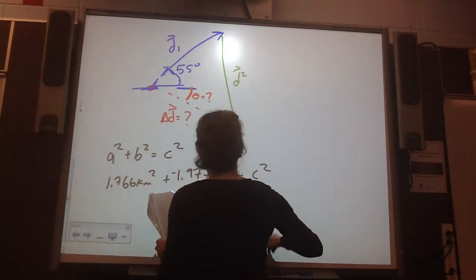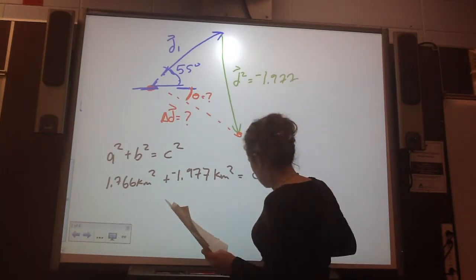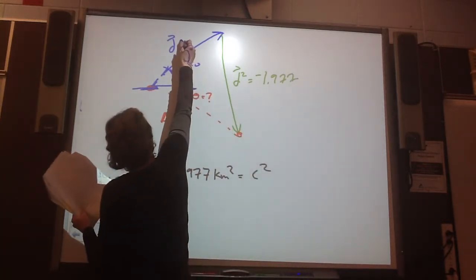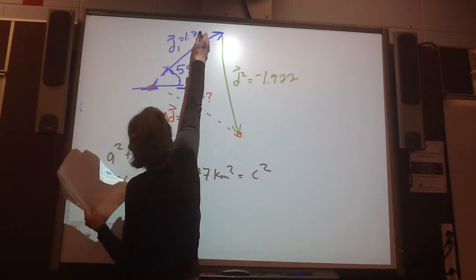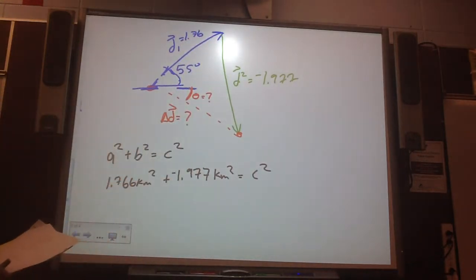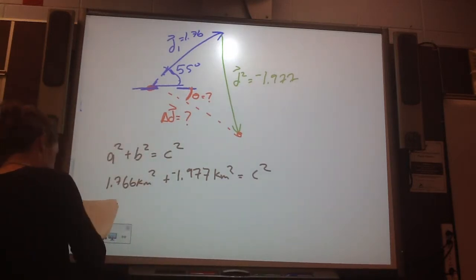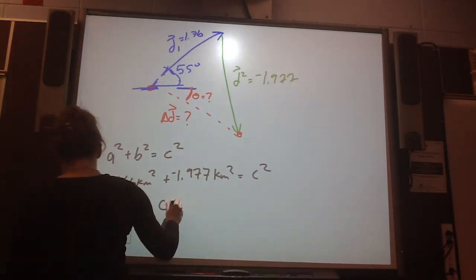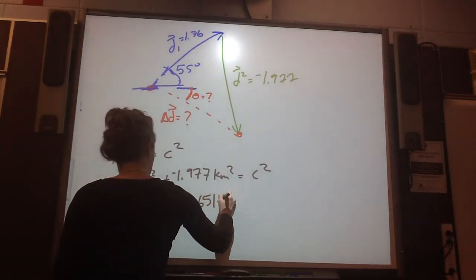Is this d equal to negative 1.977? So to solve for c, it equals 2.651 kilometers.